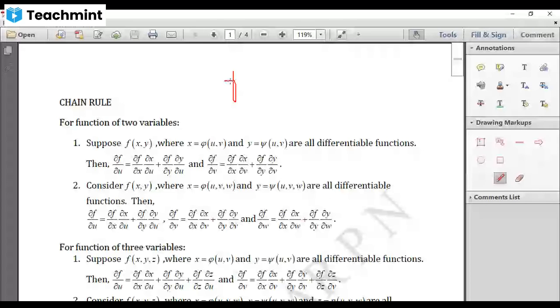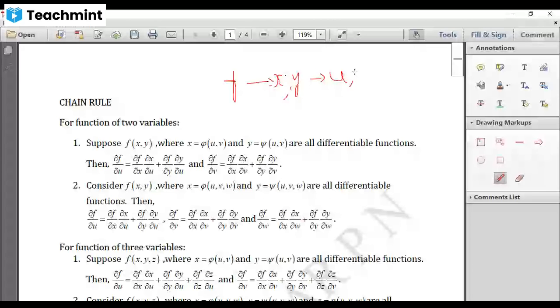Very simple. So this is your f, and your f is dependent on x and y. But x and y are dependent on u and v.